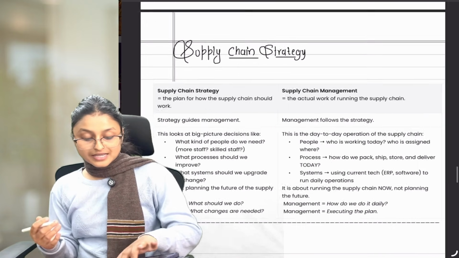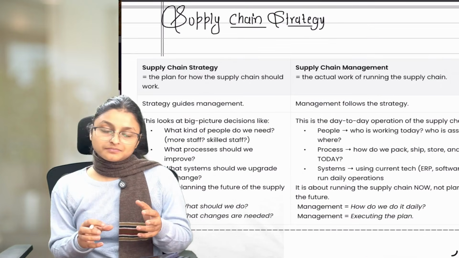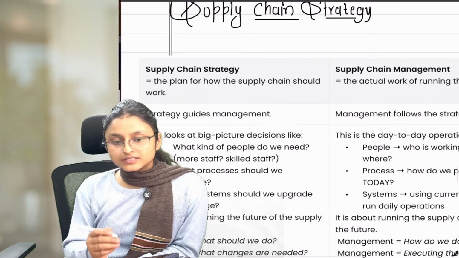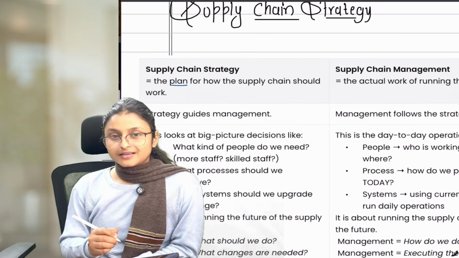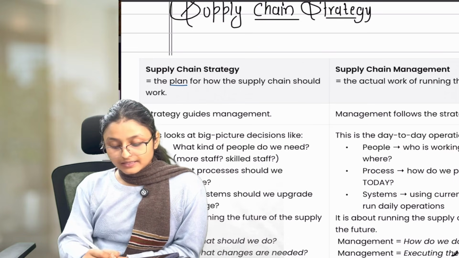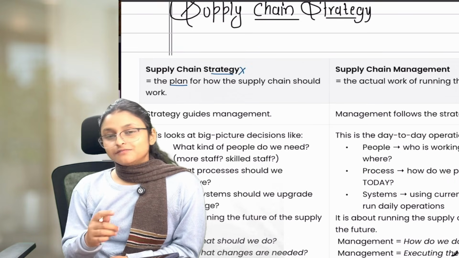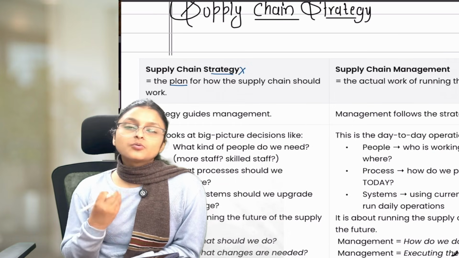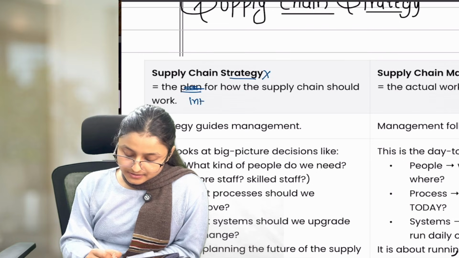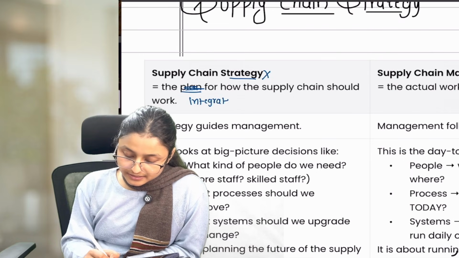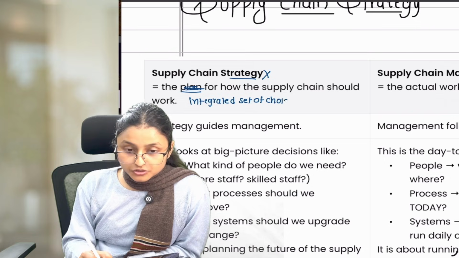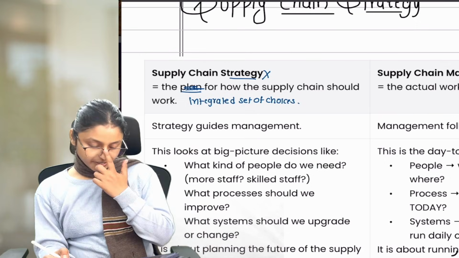So, let's just understand the basic difference between supply chain management and supply chain strategy. Supply chain strategy, if you notice here, it is written as plan. And we have understood earlier itself in our first class that strategy is not plan. We just get confused by using the word plan here, so remove it now. We'll write it as strategy is integrated set of choices. You have to change this in your book. Okay.